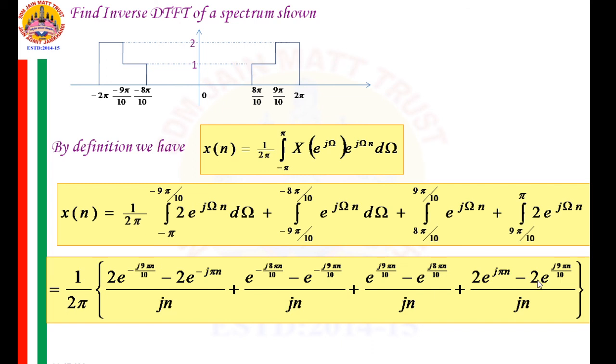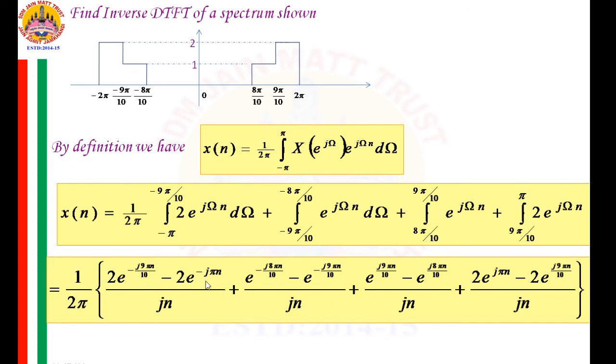So you will remain with minus 1 e raised to j 9 pi n by 10, and from this term you will remain with plus 1 e raised to minus j 9 pi n by 10, and then you can give it in a sinusoidal form.